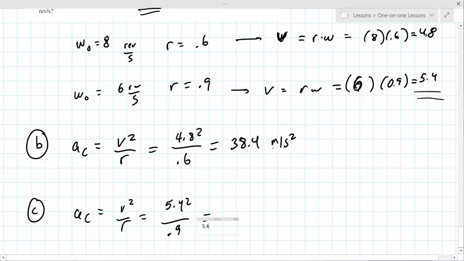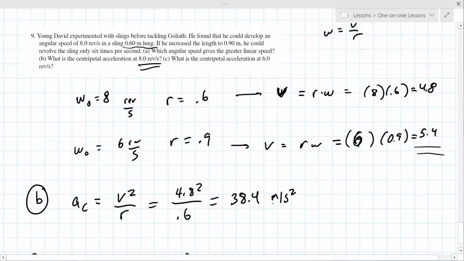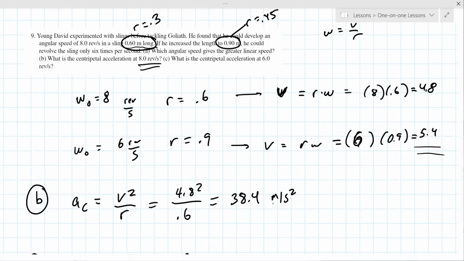For B, it says acceleration equals 1.5 times 10 to the something meters per second squared. So it's possible that they're not using that as the radius. They might say the radius is 0.3, and that radius might be 0.45. Well, it's half. It doesn't give us anything in here to know that. So that would cut each of these numbers in half.